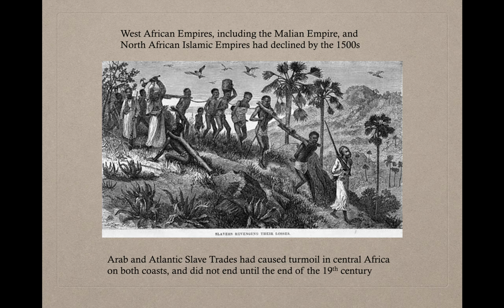West African empires are no different than any other empire. But you also had things like the Arab slave trade and, more importantly, the Atlantic slave trade that really decimated African populations. So by about the year 1500, many African empires, even if they were strong, were in a period of decline, right around the same time when European empires were in a period of ascent or rise.